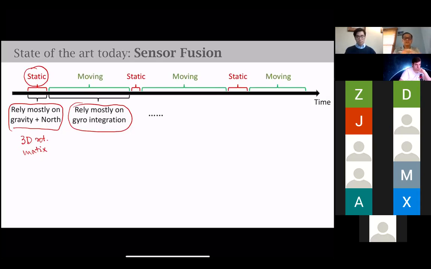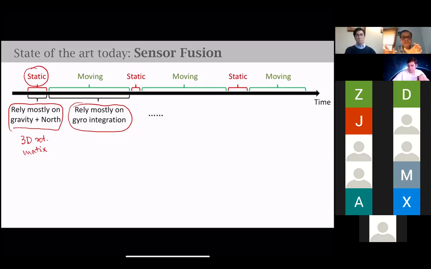There are ways to do this in a systematic signal processing way, which says, I have 90% confidence that the phone is static, and I have 10% confidence that the phone is moving. So I will use gravity and north with a 90% weight, and the gyroscope with a 10% weight. And as my confidence or belief changes over time, I'm going to change the weights on these two.